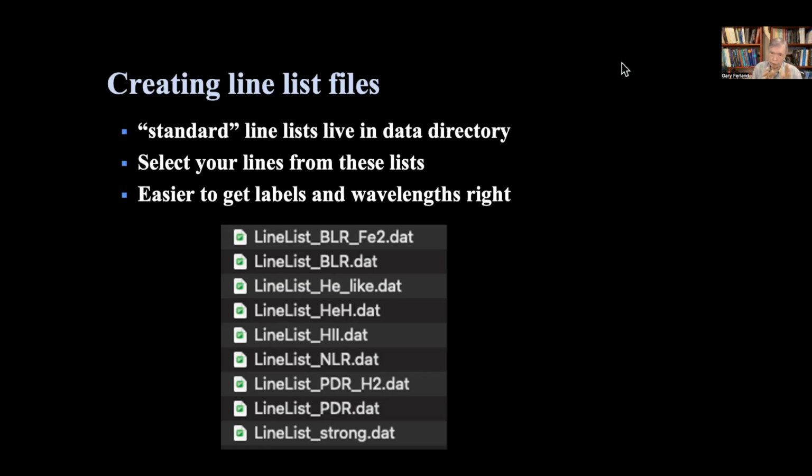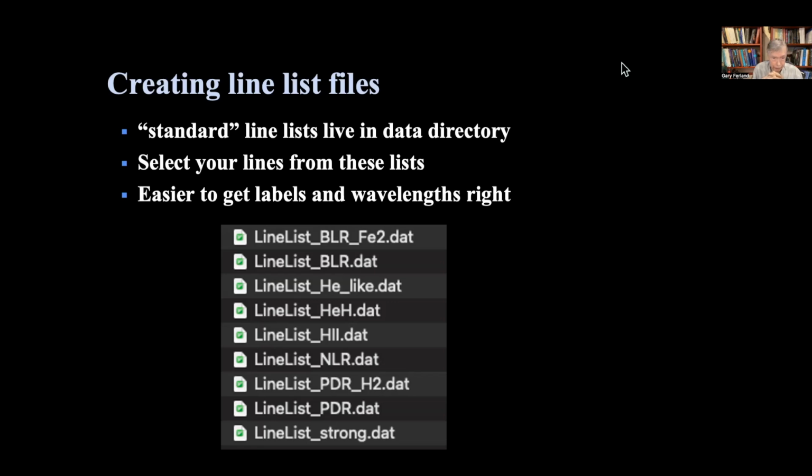So the label is usually 4 characters long. So carbon 4 would be C space space 4. Longer labels are put inside quotes, and frequently for complex molecules, you'll have a species in a quote. Then the wavelength has to be reproduced to the wavelength that Cloudy expects, because there's often many lines very close to each other. You need to figure out which one you want.